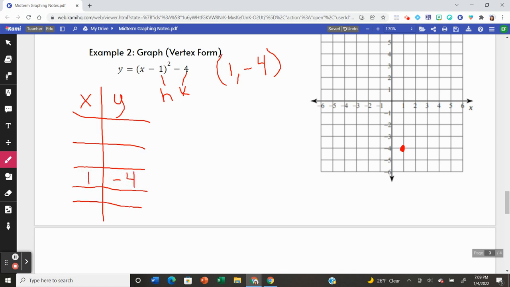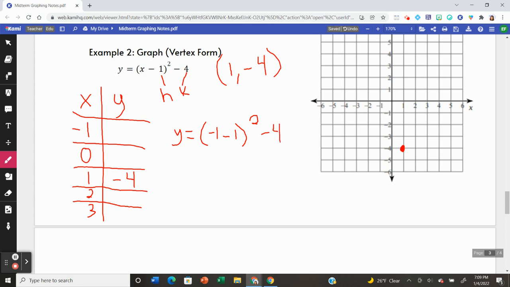And then I need to choose 2 points on either side. So to the left of 1, I have 0 and -1. To the right of 1, I have 2 and 3. So I'm going to plug each one of those values in. So y equals -1 minus 1 quantity squared minus 4.